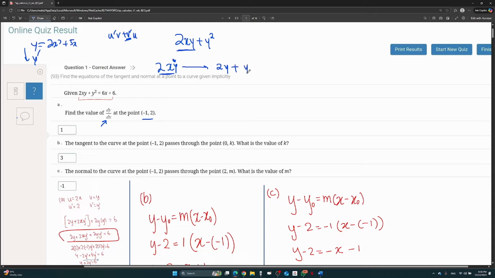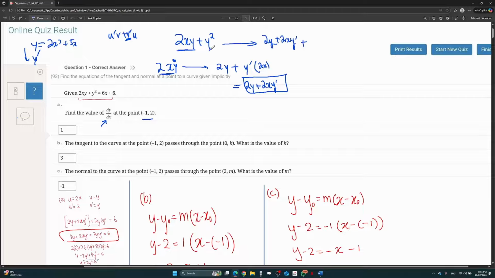You say y prime times, what's the u in this case? 2x. You can say instead of y prime, dy by dx. That's also correct. It doesn't matter. So the derivative of 2xy will be 2y plus 2xy prime. Cool. This is the first derivative. So 2xy turns into 2y plus 2xy prime.